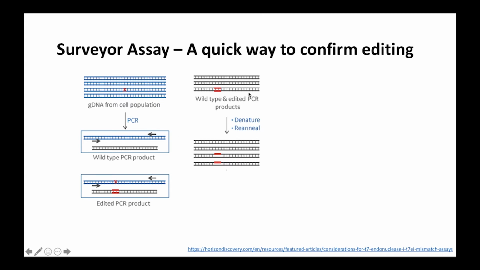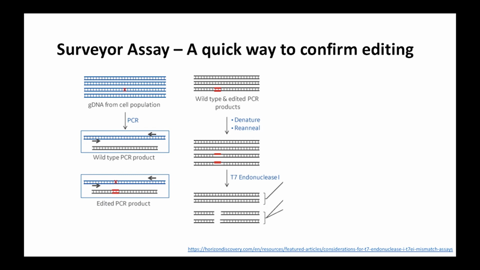And then the DNA undergoes a denaturing and reannealing reaction, meaning that the DNA strands are essentially allowed to break apart, and then they are allowed to rehybridize randomly, meaning that strands could form mismatches, as shown by the bottom 2 strands here. These are called heteroduplexes, and the mismatches occur if there is a genetic edit that was successful.